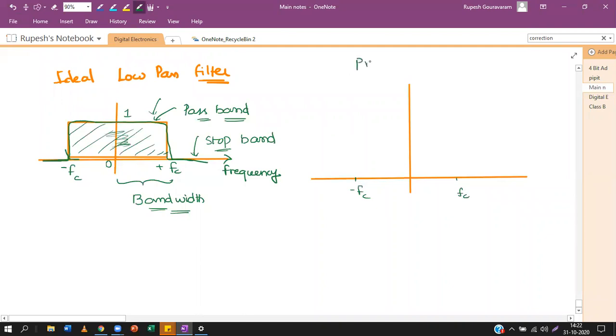A practical low pass filter is not so rigid as the ideal low pass filter. So it will be like this. That means it is somewhat lenient in allowing the frequencies. Here FC is known as the 3 dB point.